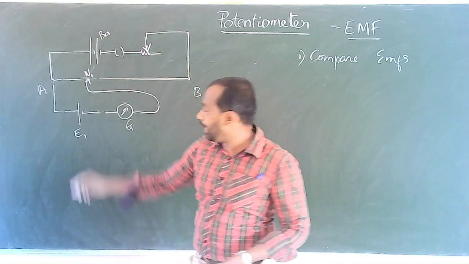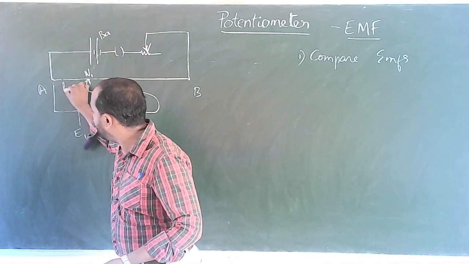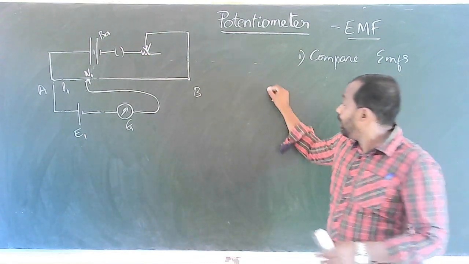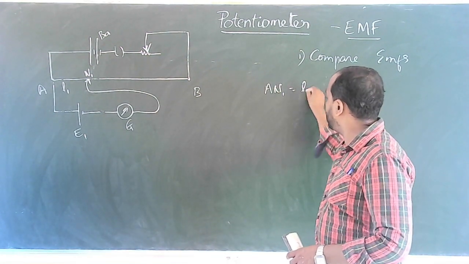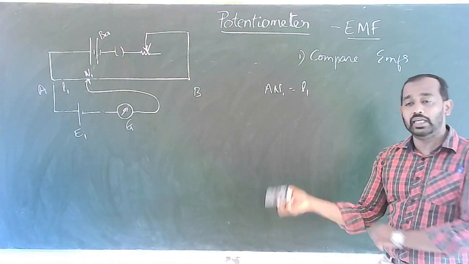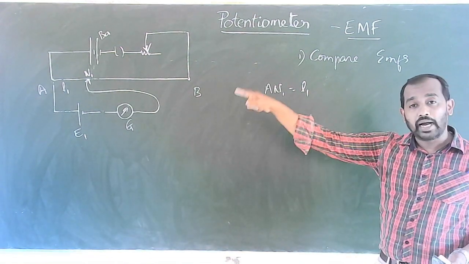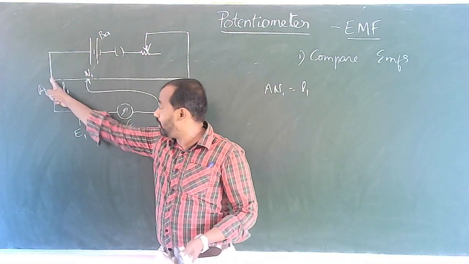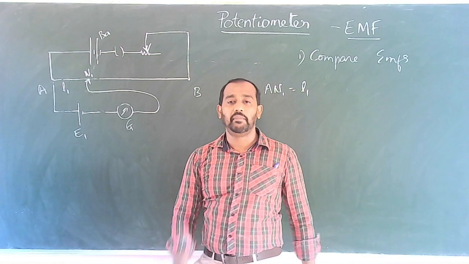Let us represent that length A to N1 as L1. So there will be a potential drop, or IR drop, due to the current supplied by the battery.